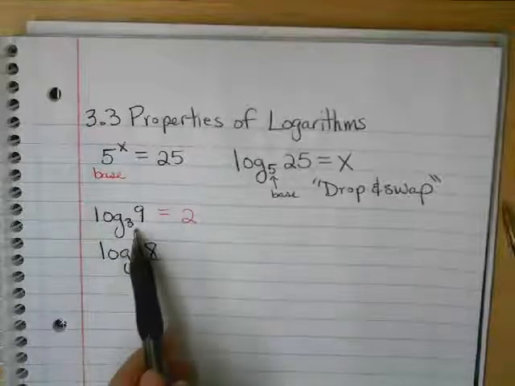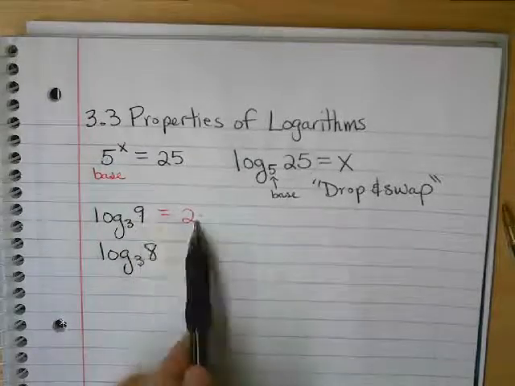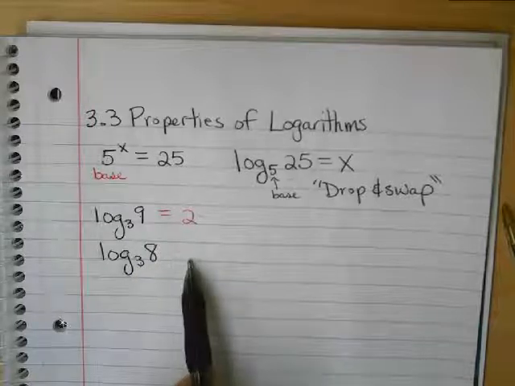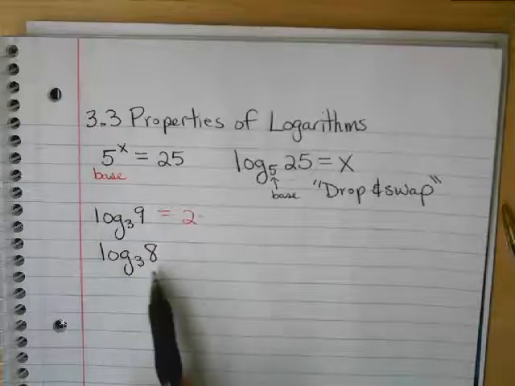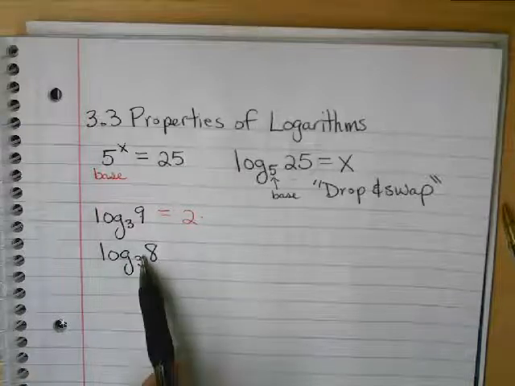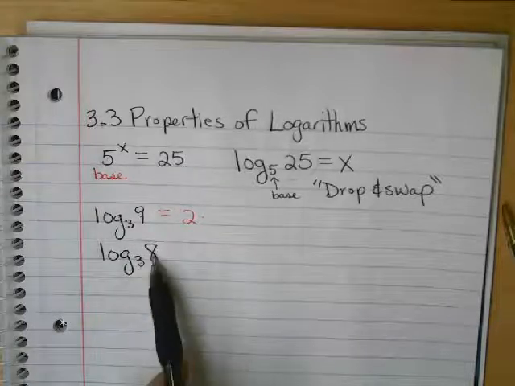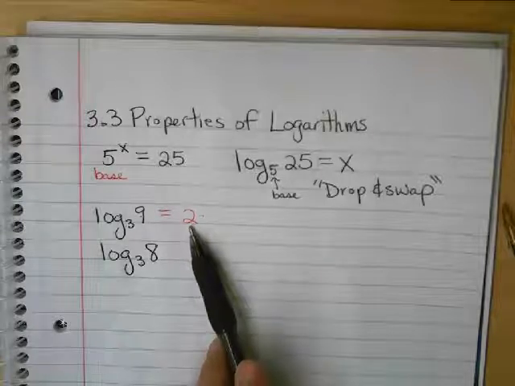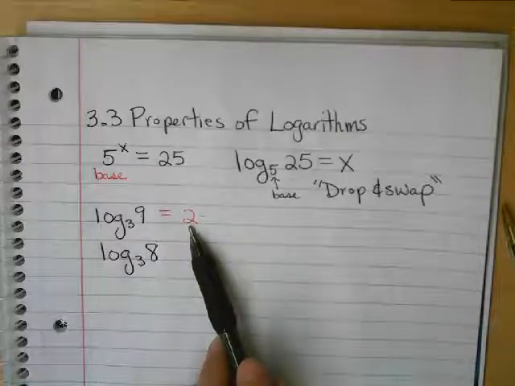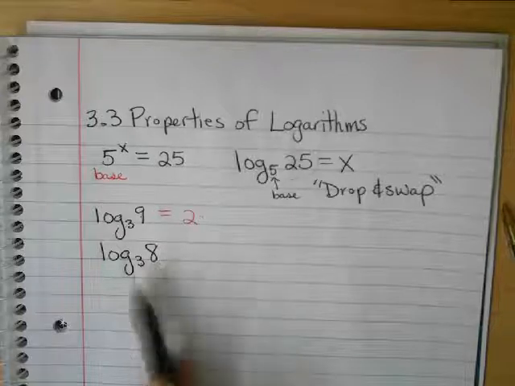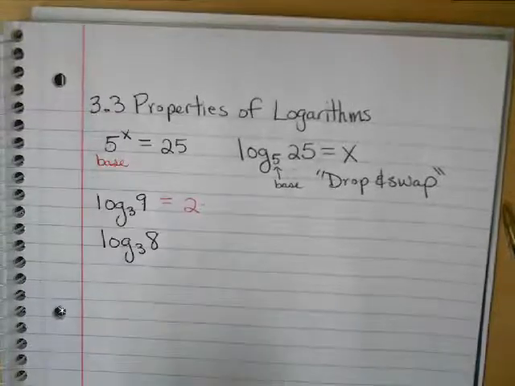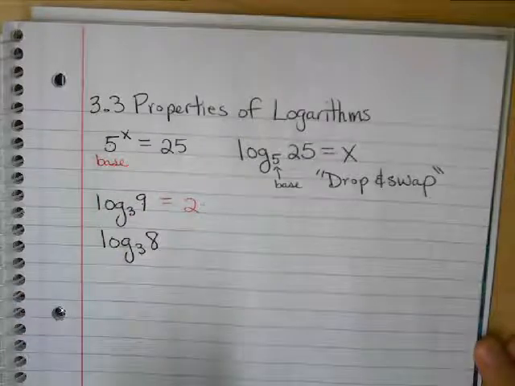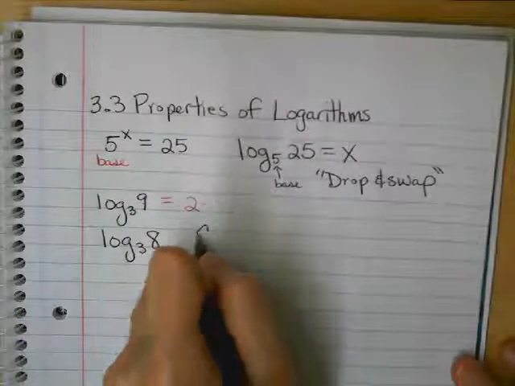If log base 3 of 9 was 2, is log base 3 of 8 going to be bigger or smaller than the previous answer? Smaller. Yeah, smaller. So what you have to do to solve something like this is what's called a change of base formula.